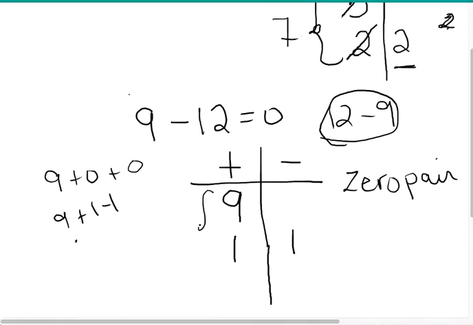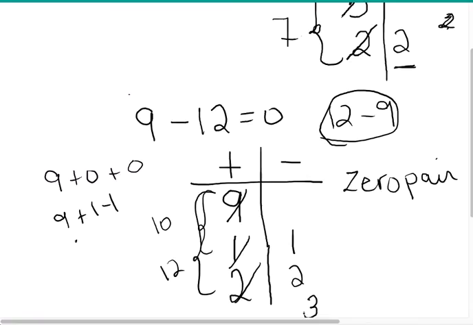That would only get us to 10 on this side, and now I need 2 more to get to 12. So now I'm able to take away 12 positives, and on this side, I have 3 negatives left. So the answer, 9 take away 12, is -3.